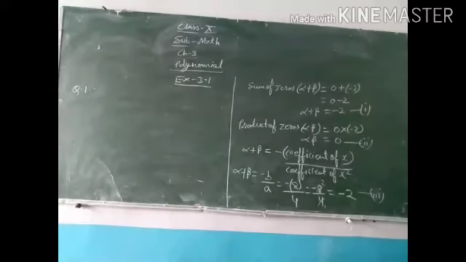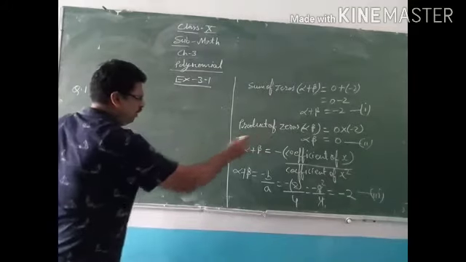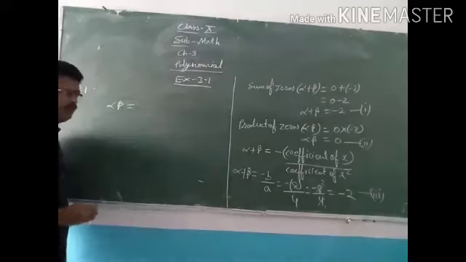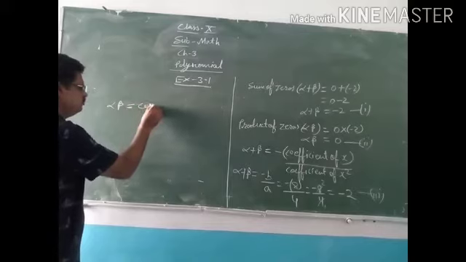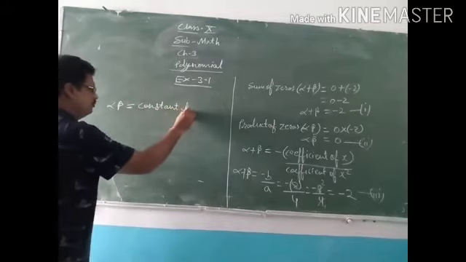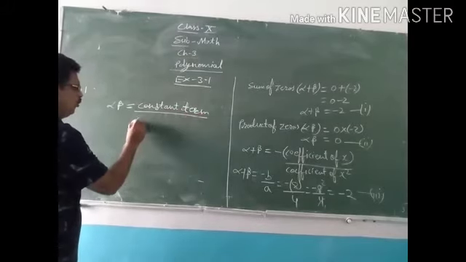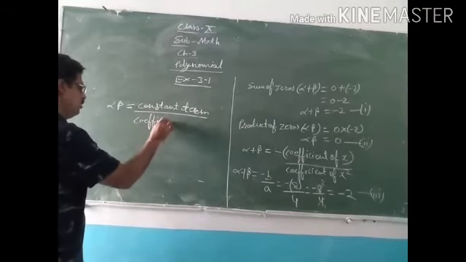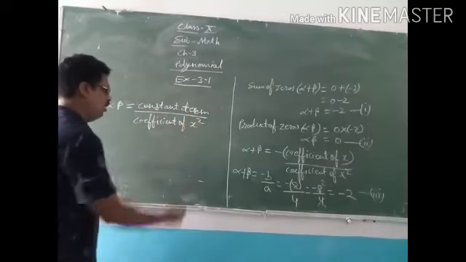Okay. So for the product of zeros we can find alpha into beta. Alpha into beta already we have found, and now alpha into beta, so what is the relation? That is constant term upon coefficient of x square.